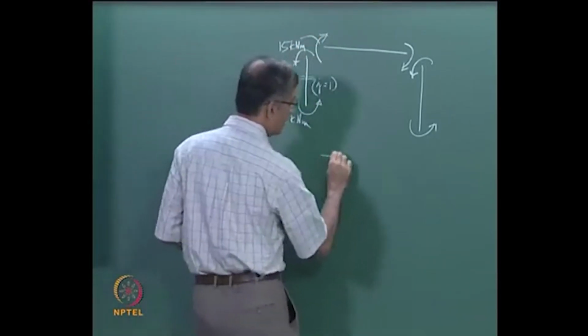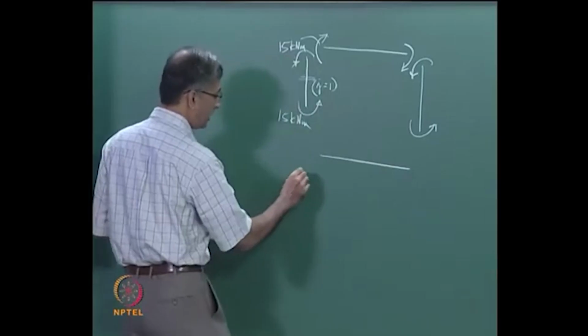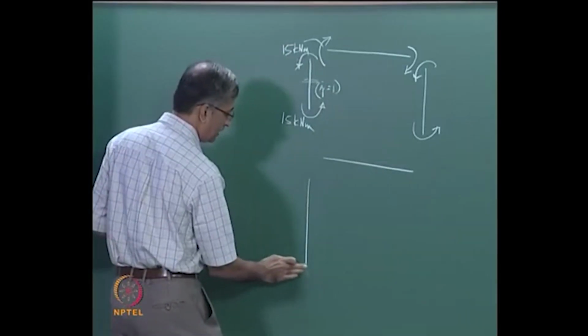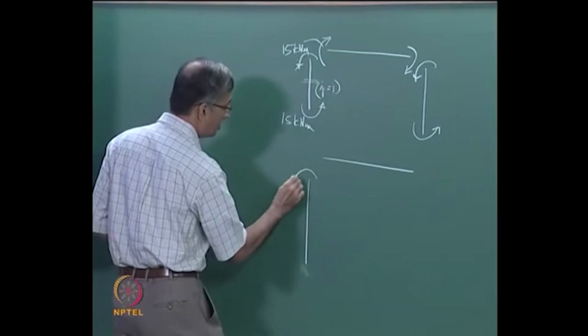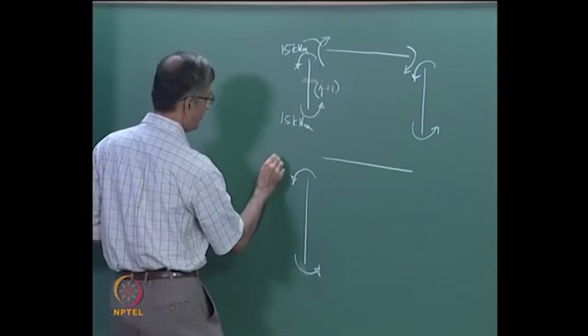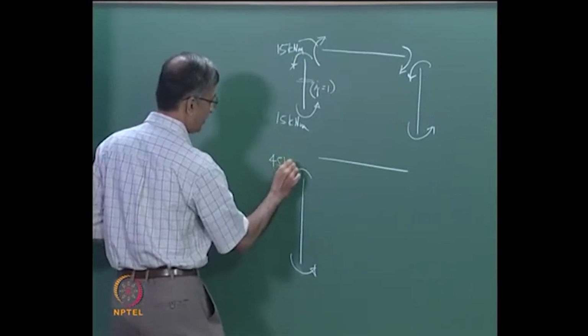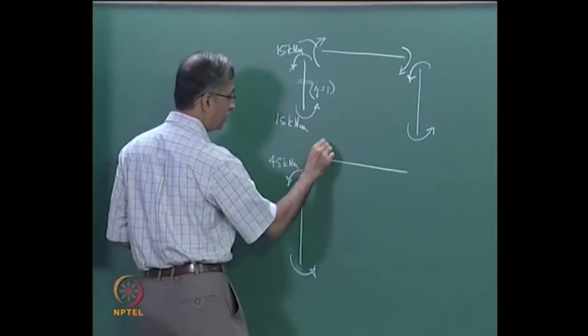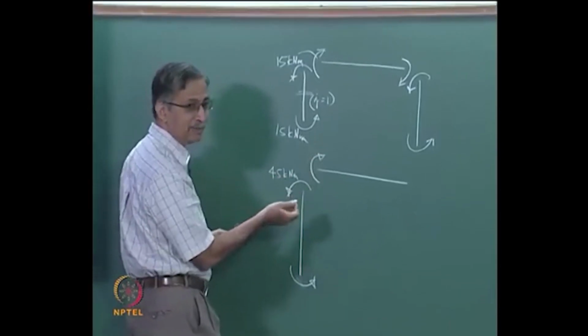What about the next level? So you have the second column, second beam, you have another column, so all the column moments are anti-clockwise. What was this value? 45, this is also 45. So what do you think this should be? This should be clockwise, it should equilibrate.